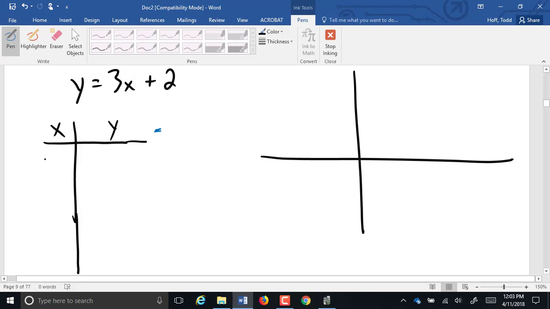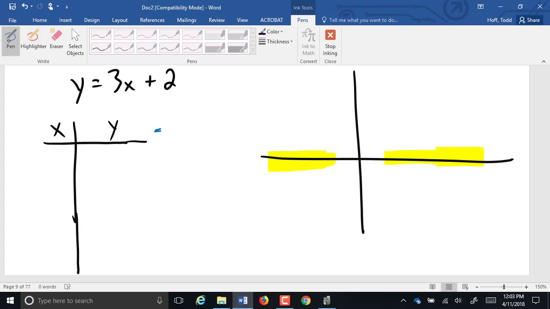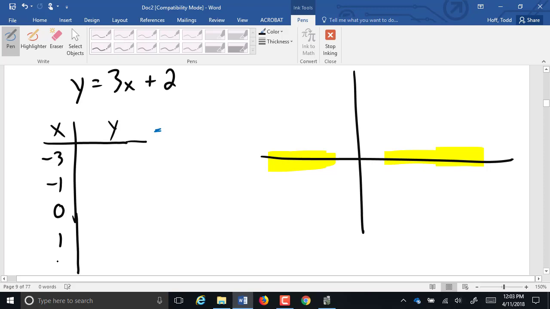For x, let's use some numbers that go all over the graph. This is the negative side, this is the positive side. So let's pick some negative numbers, like -3 and -1. I'd like to use 0 because 0 is usually a pretty easy one to calculate. Let's maybe do 1 and +3.